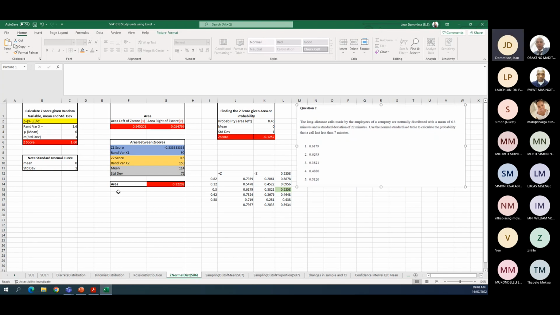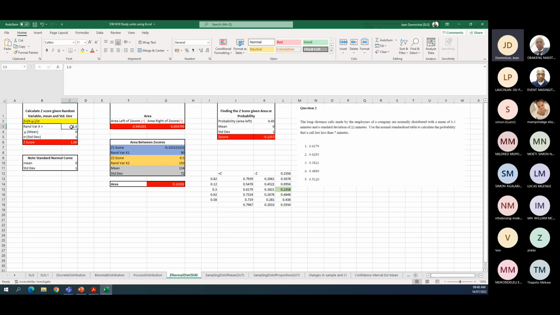So again, in the Excel that I've shared, I'll share it again, it's not a problem, you will see that what I've done here is I've put in, for the normal distribution, the mean and the standard deviation. But please, here are the things that you can change.